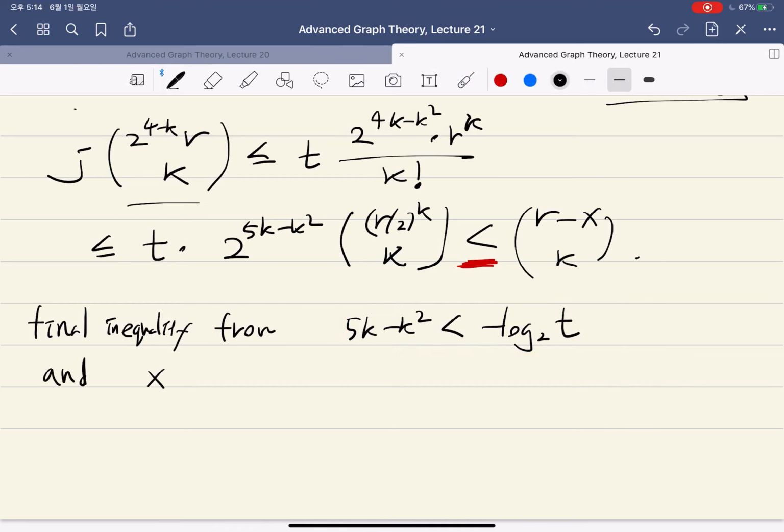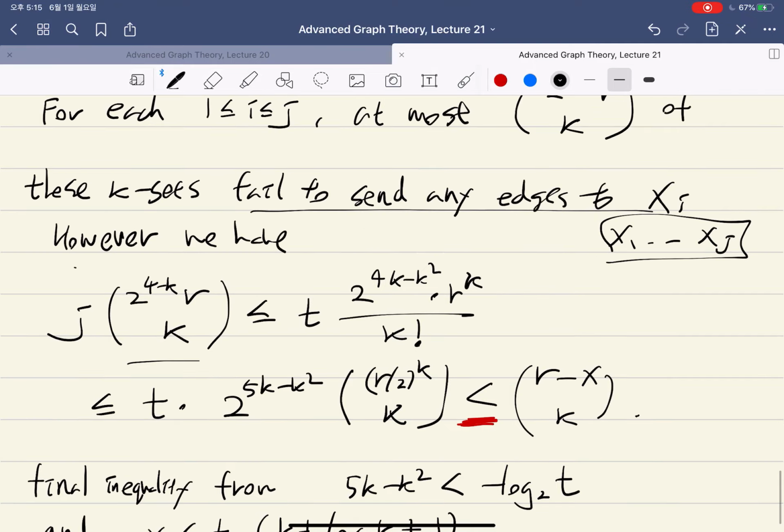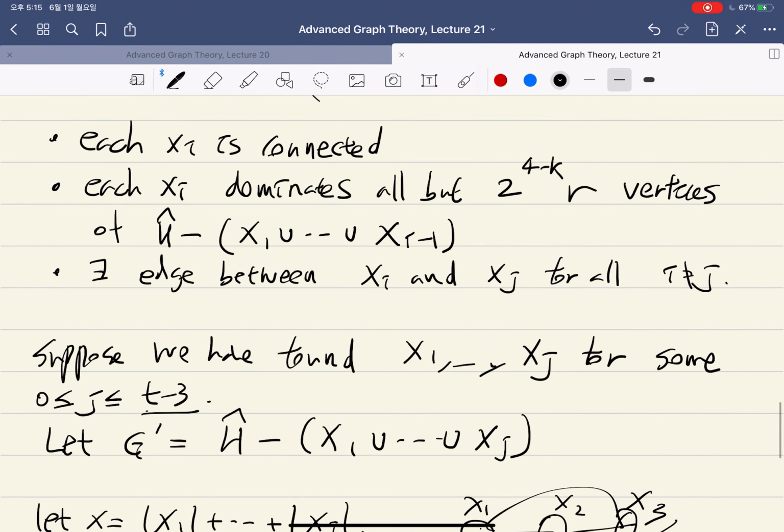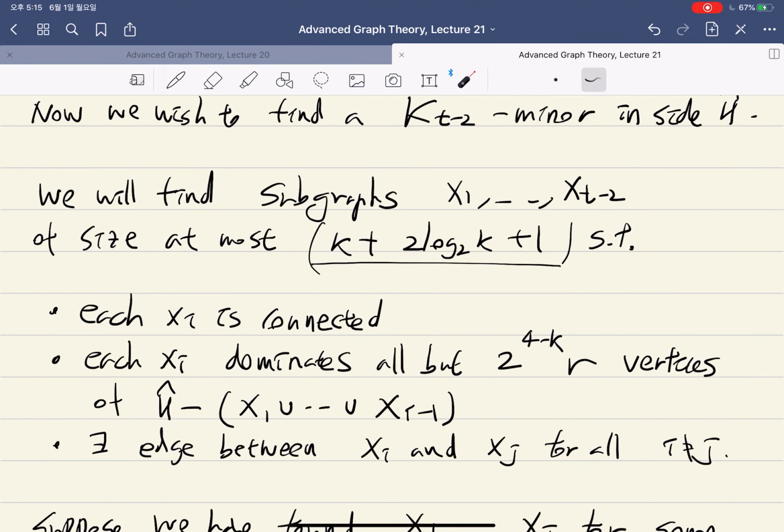And x is at most t times k plus log 2 k plus 1. So that comes from the previous assumption that each of xi has this many sides.